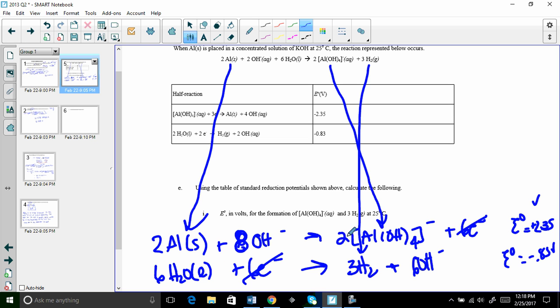And so what happens is I have 6 OH minuses here and 8 here. So there's a 2, so now it matches. And so I got 2 Al(s) plus 2 OH minus plus 6 H2O on the left. And on the right, I have 2 of these, aluminum hydroxy something, and then 3 H2.